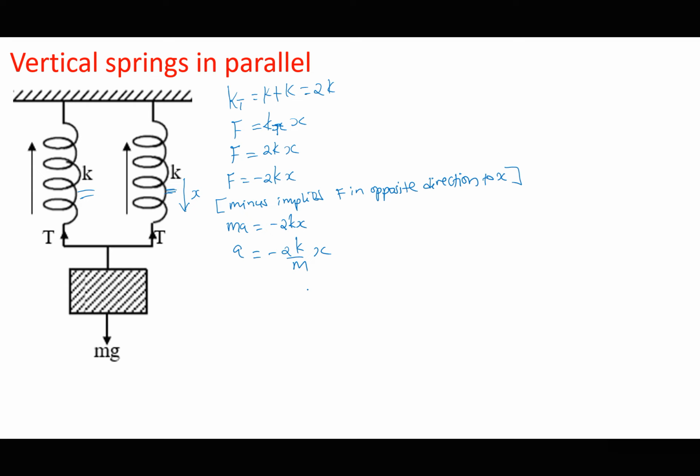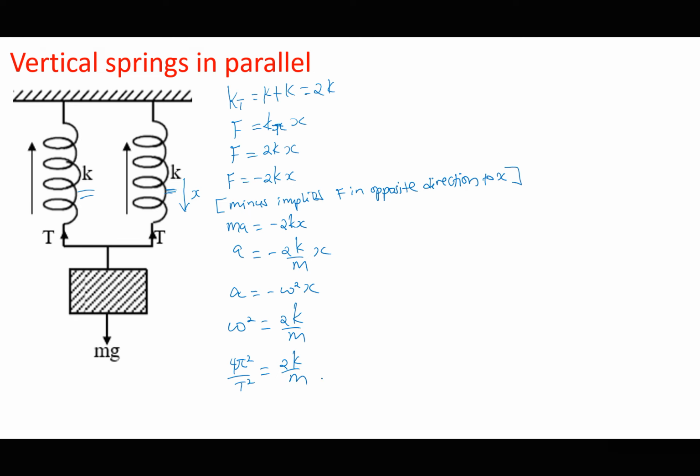So all I need now is to find the period and the frequency. So I will compare with a equals negative omega squared times x, where omega squared will therefore be 2k divided by m, and omega is 2 pi over T, so I'll say 4 pi squared divided by T squared is equal to 2k divided by m.